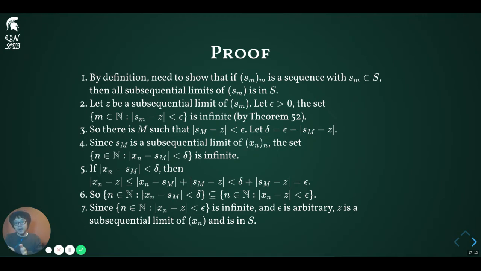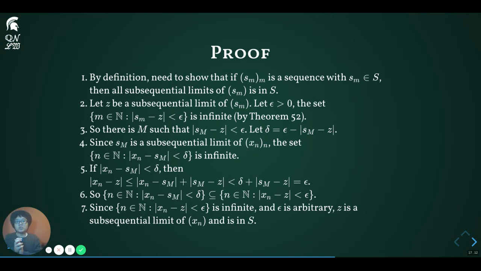We next apply the triangle inequality in step 5 to compute the distance from a term x sub n to z. This, by the triangle inequality, is no more than the sum of the distance from x sub n to s sub m and the distance from s sub m to z.